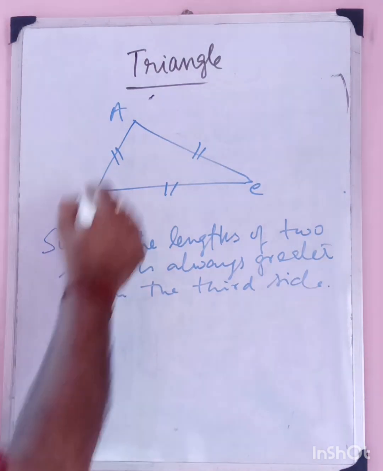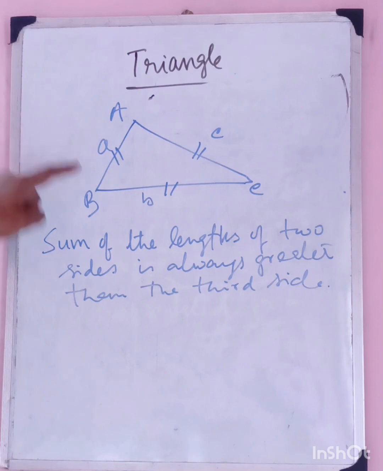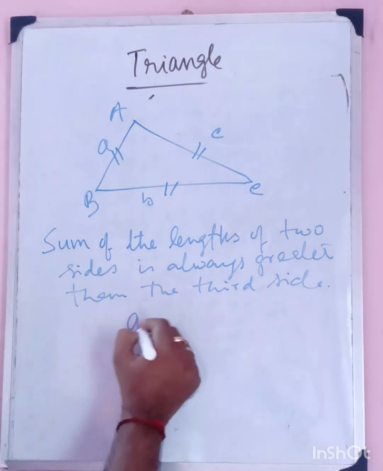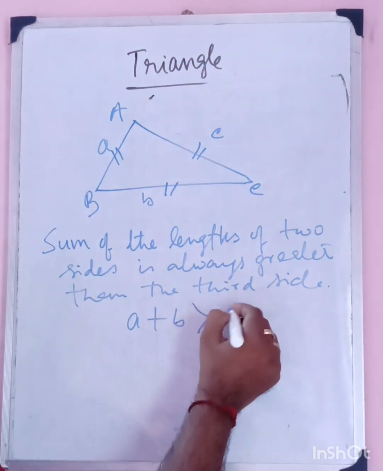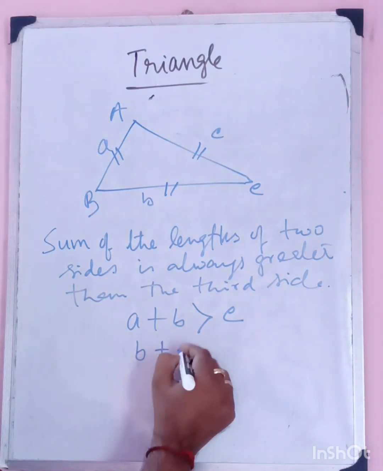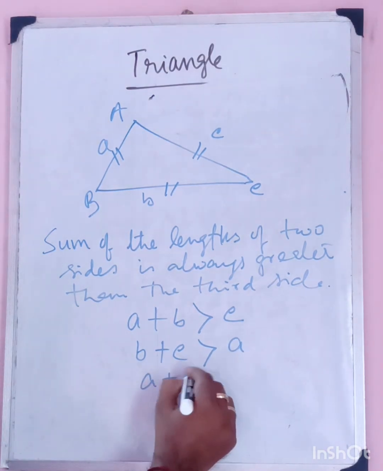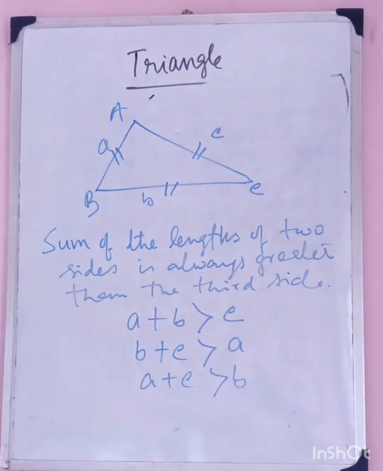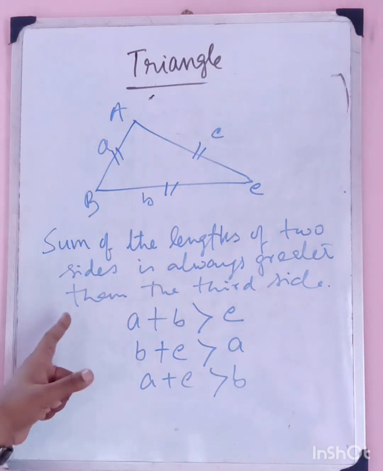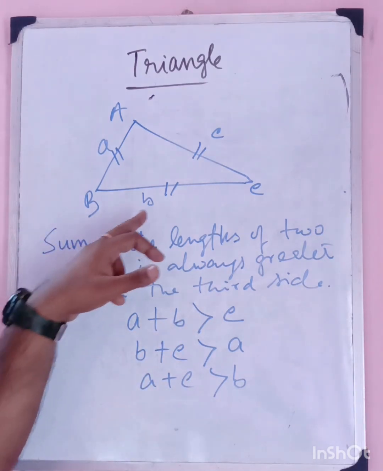That is, just like the previous example, if the sides are a, b and c, then a plus b is always greater than c. Or b plus c is always greater than a. a plus c is always greater than b. You can choose any two sides, the sum of the lengths of those two sides is greater than the third side. This is the second property of triangle.